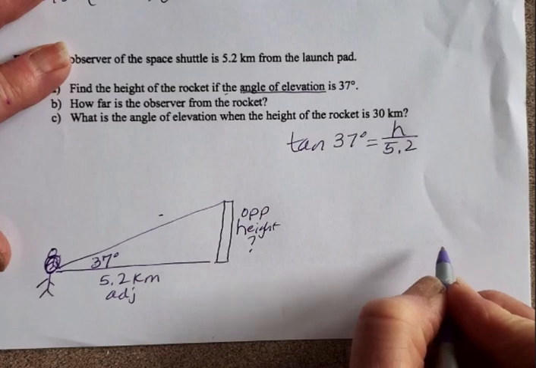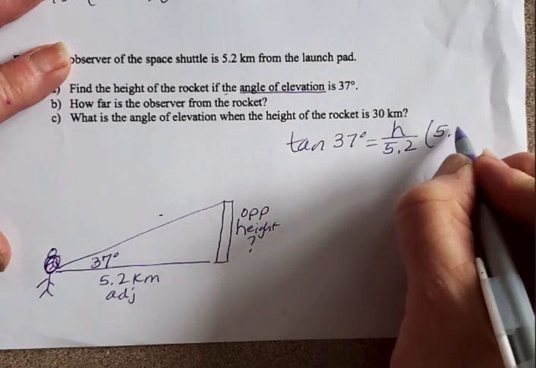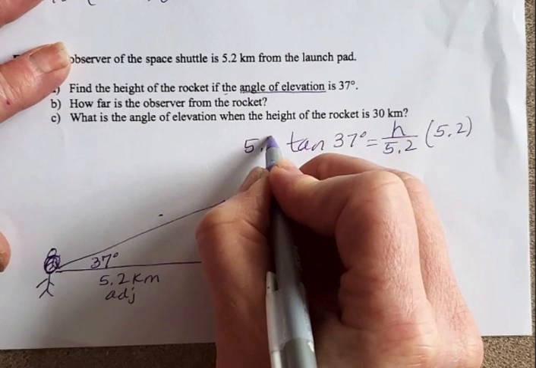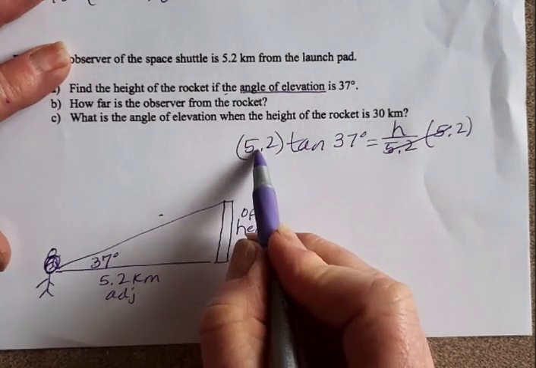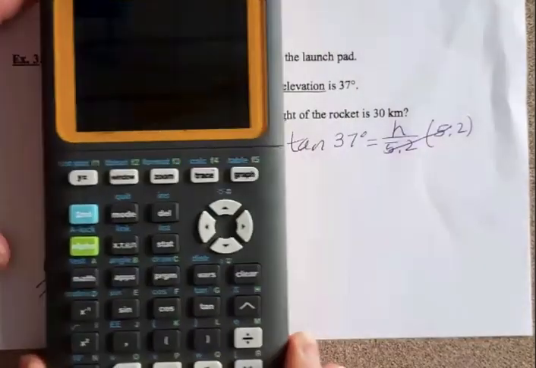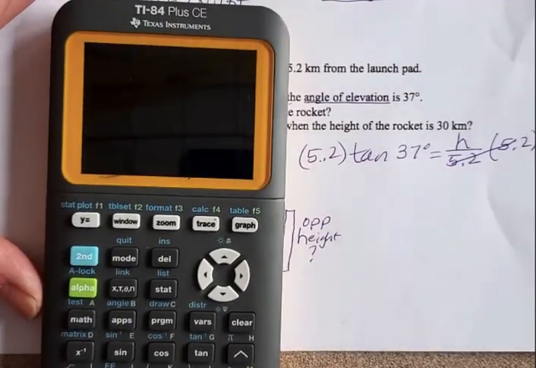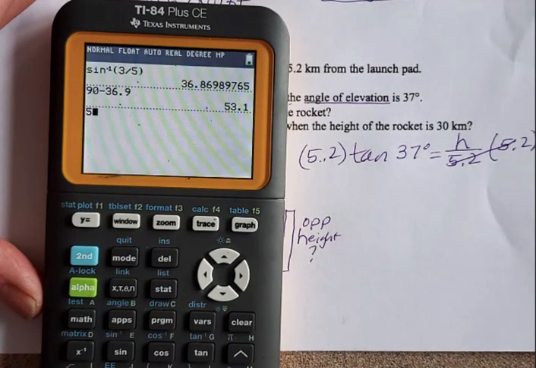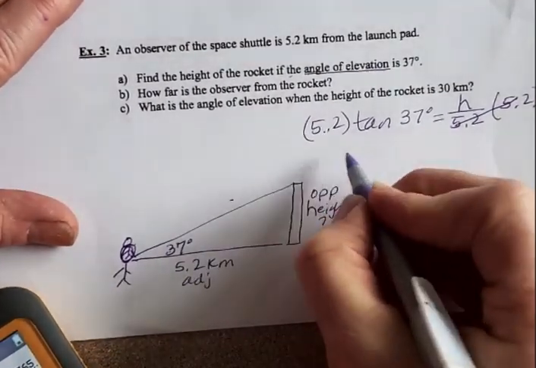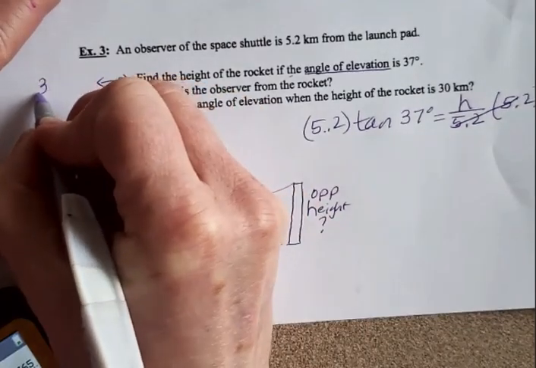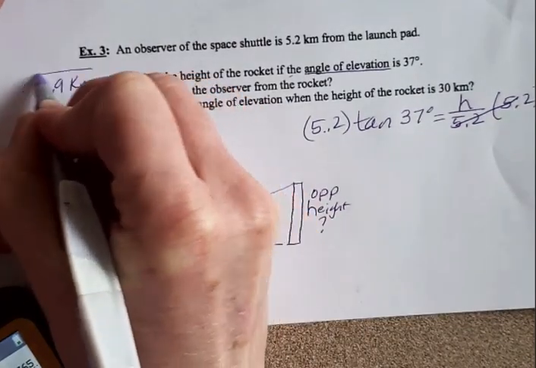And to solve this, all I really need to do is multiply each side by 5.2 to undo division by 5.2. And I can just put that right into the calculator. What is 5.2 times the tangent of 37 degrees? I'm going to do that right over here. 5.2 times the tangent of 37 degrees, and that will give me about 3.9 kilometers. So the height of this rocket for part A is about 3.9 kilometers.